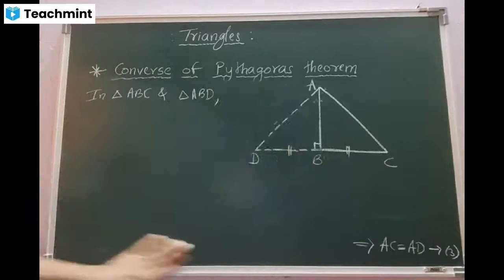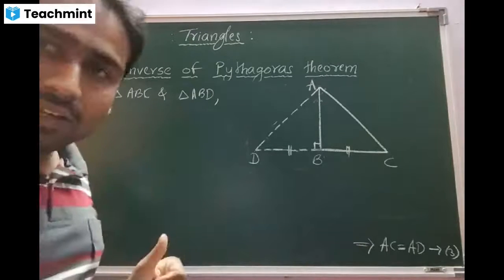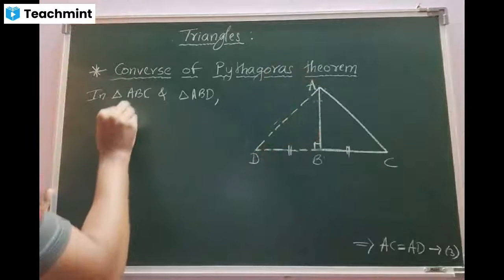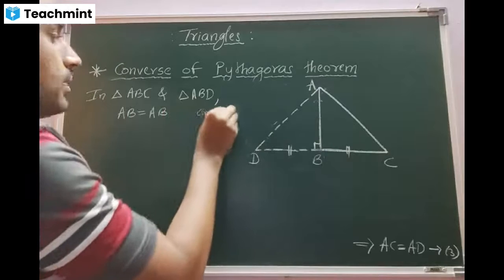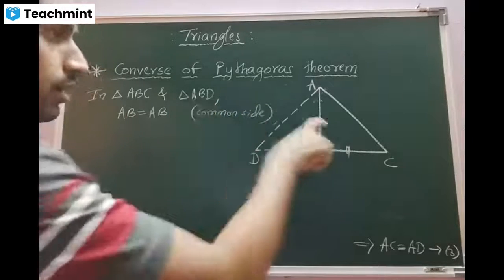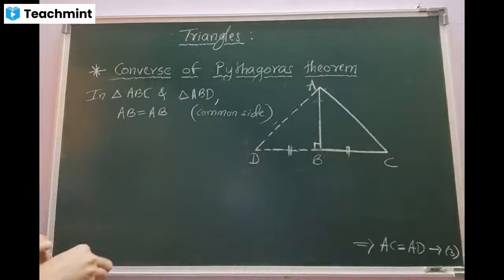Correct, beta? In both the triangles, I can say AB is equal to AB. Why? Common side. This is present in both the triangles, here also, here also. Correct?